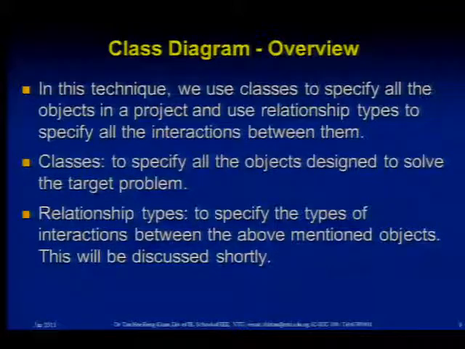And we are going to define relationships to specify the interaction between objects, that means between things, because in class diagram techniques, we model things as objects. So again, you can see that class diagram techniques is a diagrammatic technique, and we build everything from two basic concepts, that is class and relationship type. From this slide onward, I'm going to discuss each of these concepts in quite some detail.